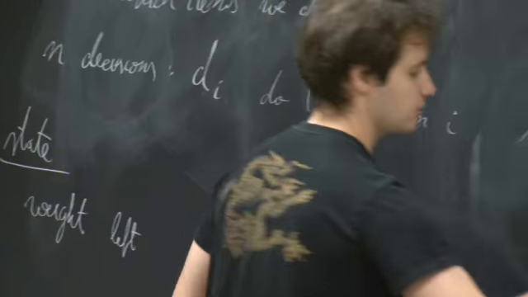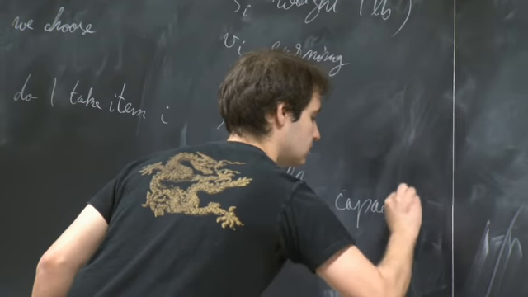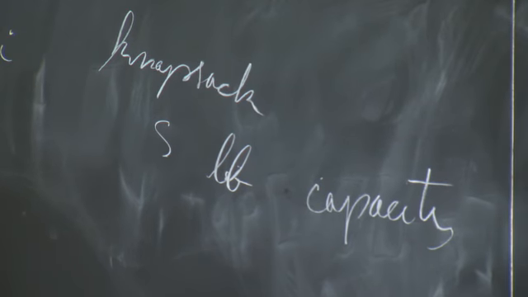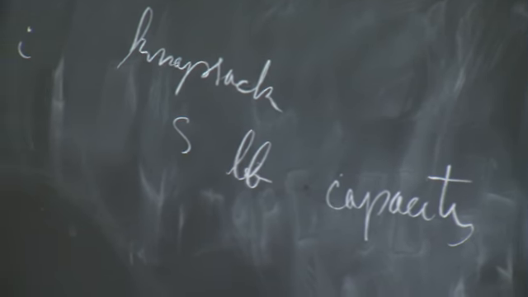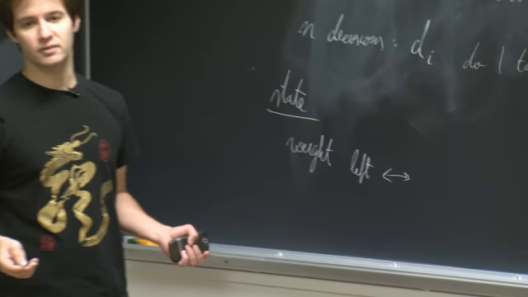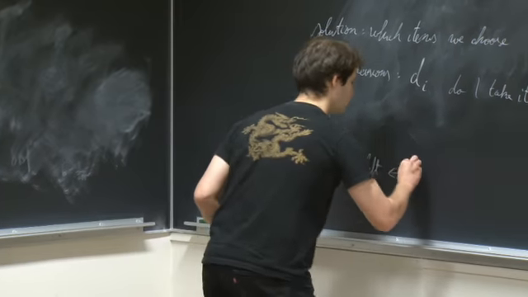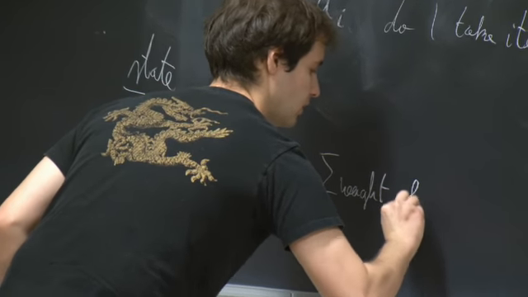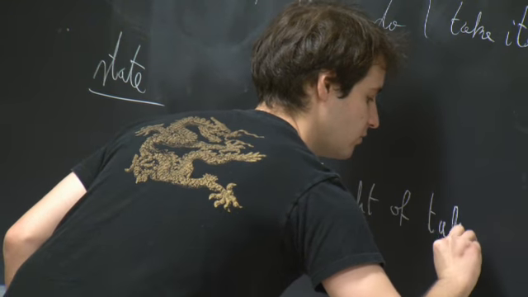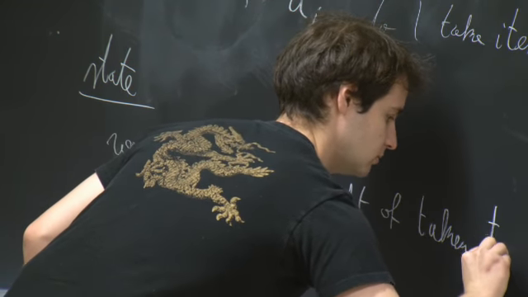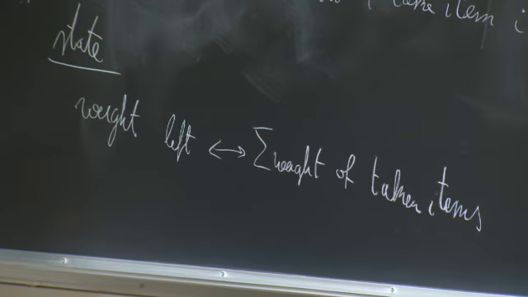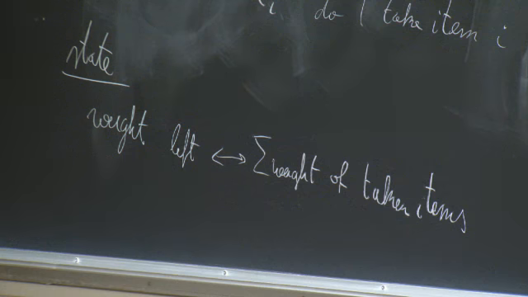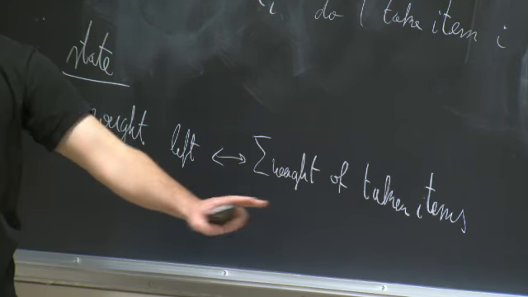So S pounds is the capacity. How much weight is left in my backpack's capacity? And this is equivalent to how much weight I have accumulated, the total weight of the items I have taken so far, the sum of the weights of the taken items.